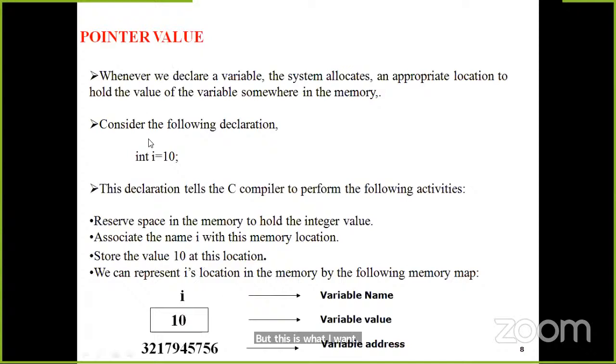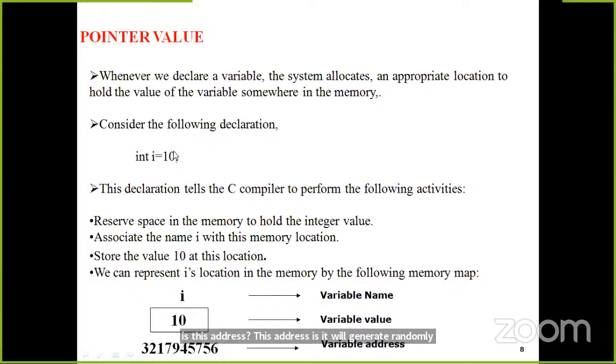Now I have just declared int i equal to 10. In memory, the variable i will be created, and there is some address like 3217, some random address, for the variable i. This address will be generated randomly.